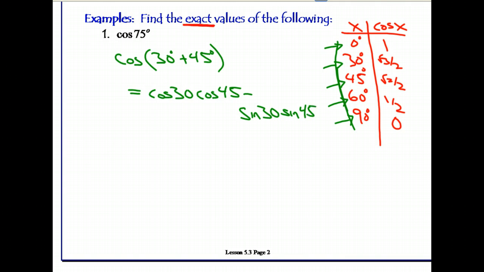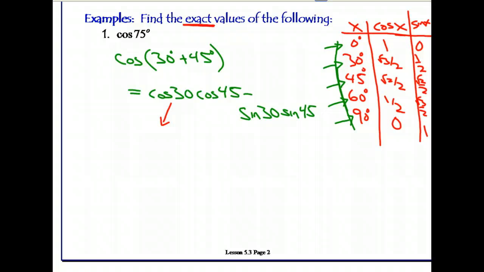And then I've got to remember my table. I only made one column in the table with the cosine. You should remember the sine, and I'm writing it backwards from how we usually wrote it. We usually wrote the sine on the left and the cosine on the right. But the sine, remember, went up 0, 1/2, root 2 over 2, root 3 over 2, and 1. And I just read off all these values from the table.